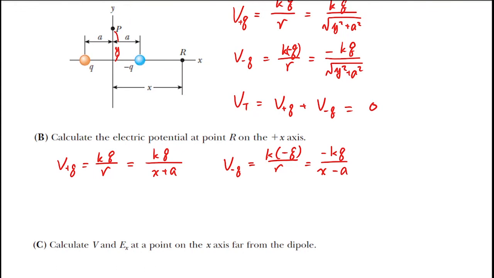Now we have to add these, and these things don't add nicely. So the total potential is the two potentials added together.